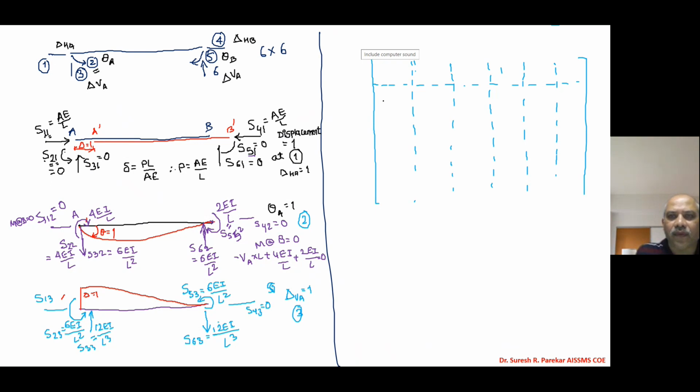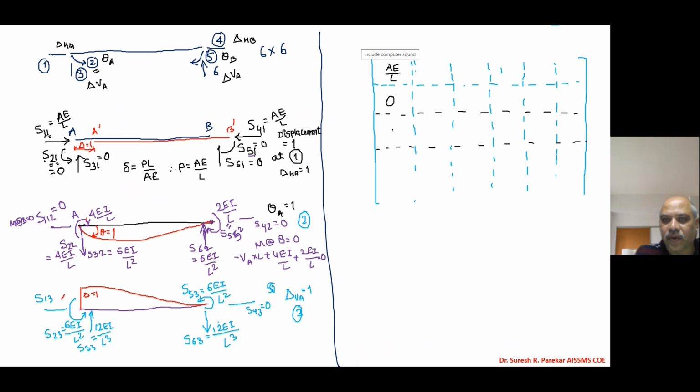So we have S11. So S11 we have AE/L. S at 2 due to 1. So now we have symmetric matrix. So S12 equal to S21, and that we have. So second row first column. So I will write here second row first column. So what will be the value? 0. Then we have S31. So S at 3 due to 1.